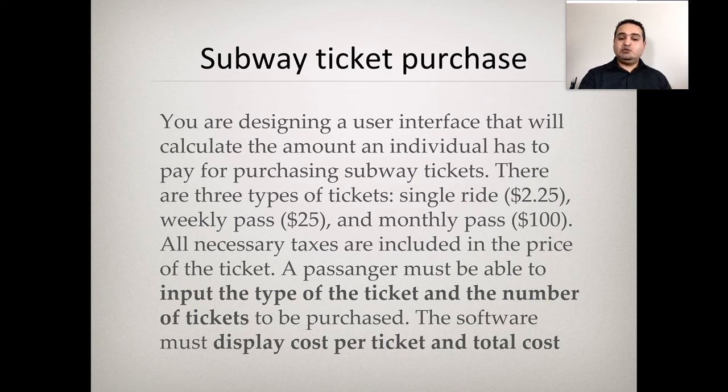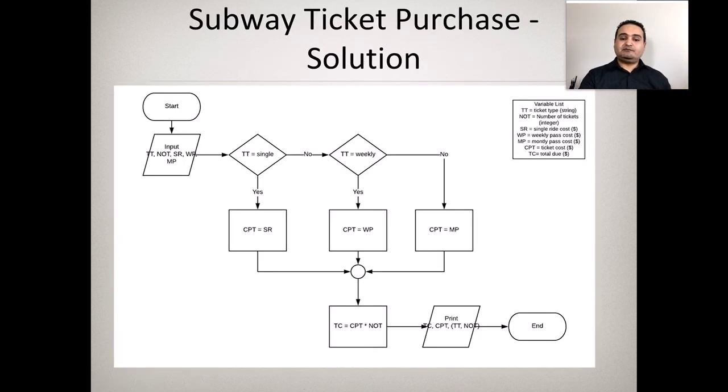Here, since we have 3 conditions, we need to use the diamond shape because we have more than one condition. If the ticket type is single ride, then the cost will be this. If the ticket type is, let's say, weekly pass, then the cost will be 25. That's why we need to use the diamond shape for conditions. So this is how we will draw it.